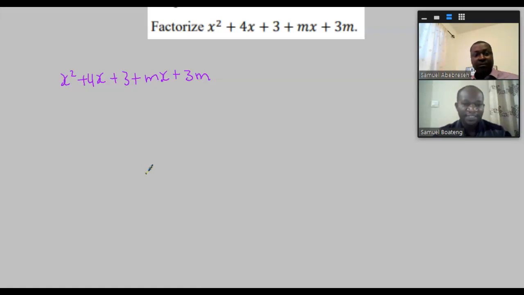Looking at the question carefully, you can group the first 3 terms. For the last 2, we have a common factor, which is m. And then the first 3 terms too, you can use quadratic trinomial to factorize. Now, if you don't do it this way, it will be very difficult for you to solve this.